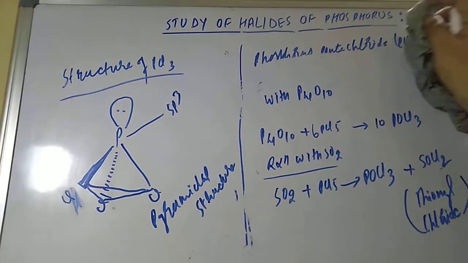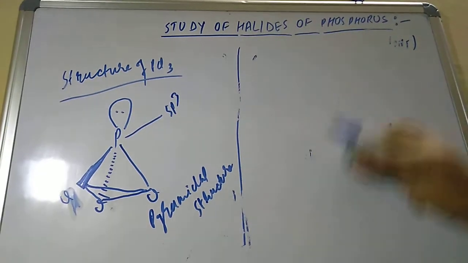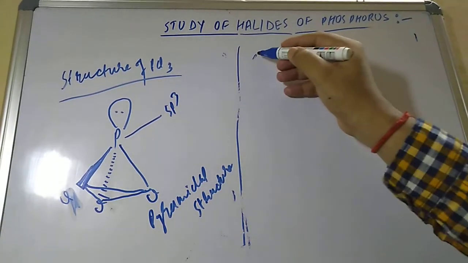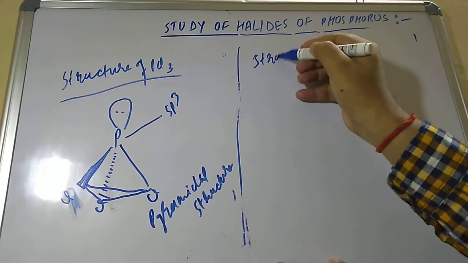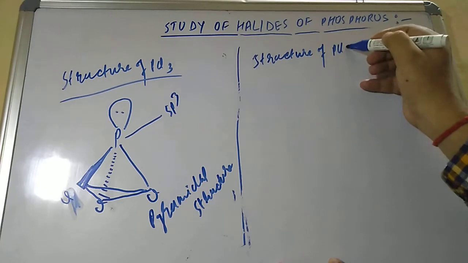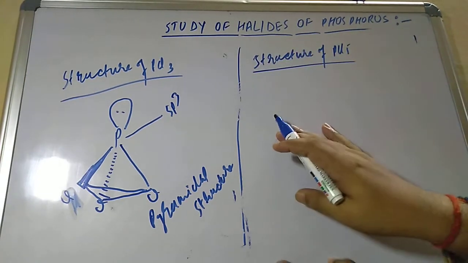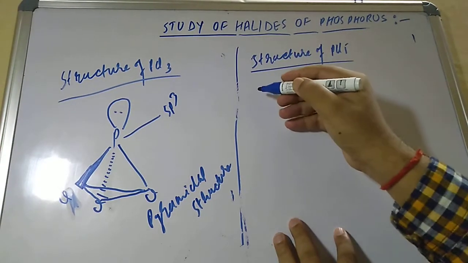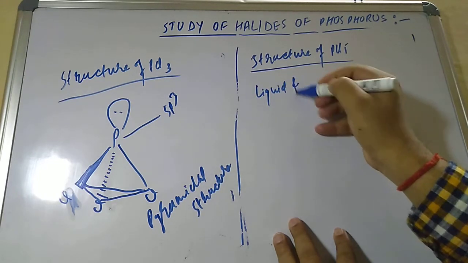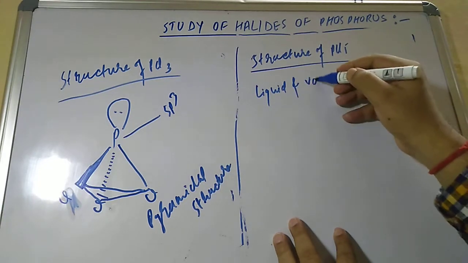Now, when you study the structure of PCl5, it has different structures in different phases. Structure of PCl5: firstly, the liquid and vapor phase.